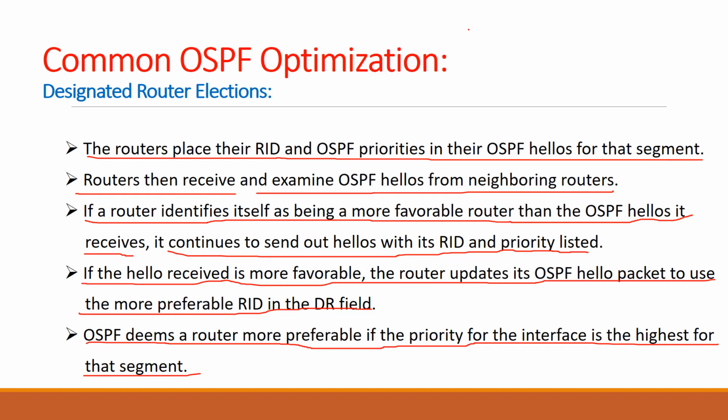So to elect a DR, there are two options: the interface priority and the highest router ID.